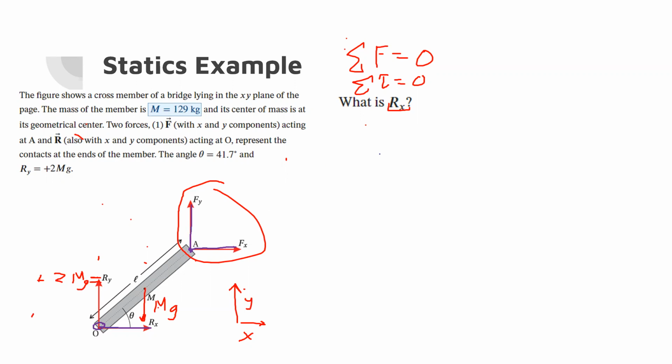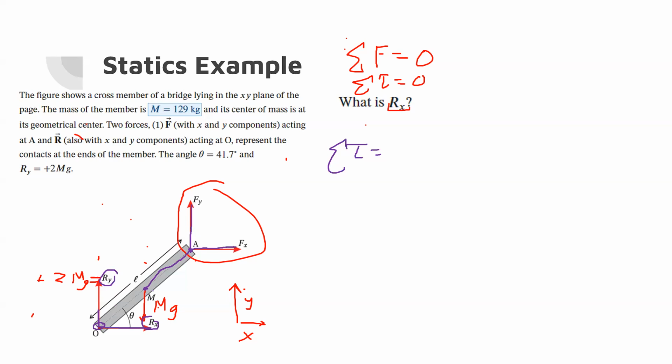So if I write the sum of the torques about that point, this is going to exert a torque, this is going to exert a torque, and this R sub y and this R sub x are going to exert a torque.